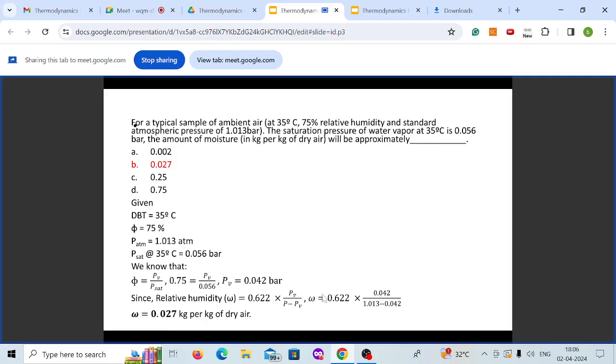You know the vapor pressure value and the total pressure, so we can find the specific humidity, which will be 0.027 kg. Omega is the mass of vapor divided by the mass of dry air, so for 1 kg of dry air it contains 0.027 kg or 27 grams. So the option here will be option B.